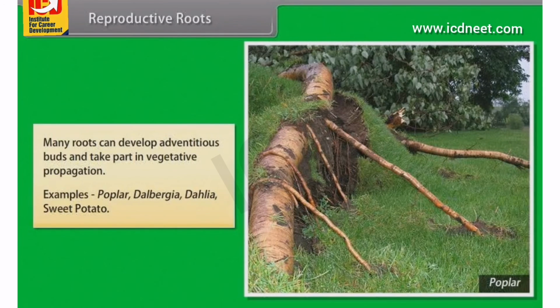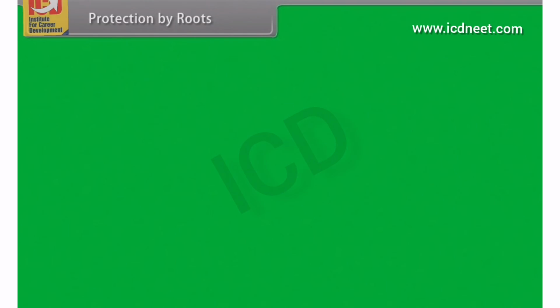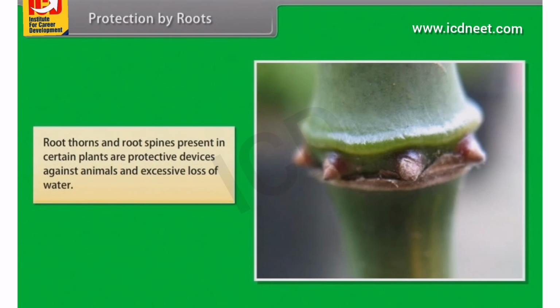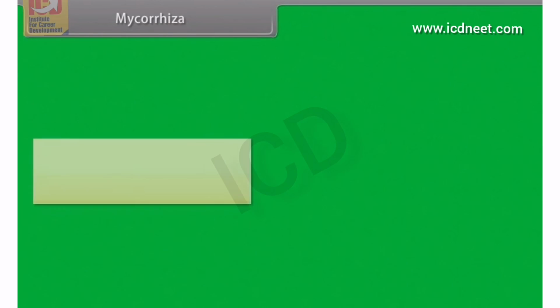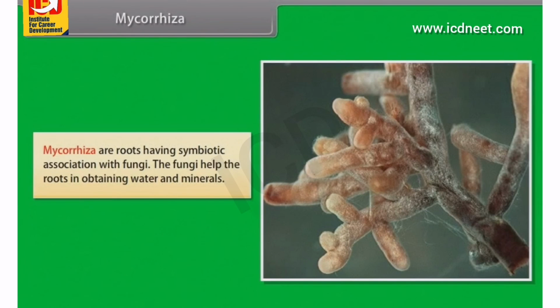Example: poplar, Dalbergia, dahlia, sweet potato. Protection by roots: root thorns and root spines present in certain plants are protective devices against animals and excessive loss of water. Mycorrhiza: roots having symbiotic association with fungi. The fungi help the roots in obtaining water and minerals.